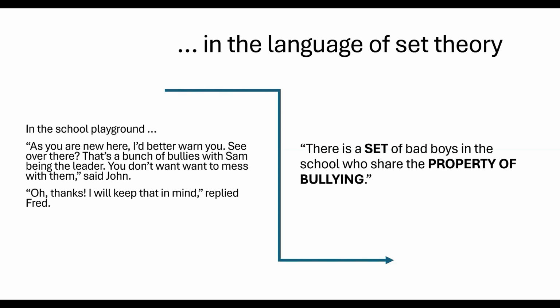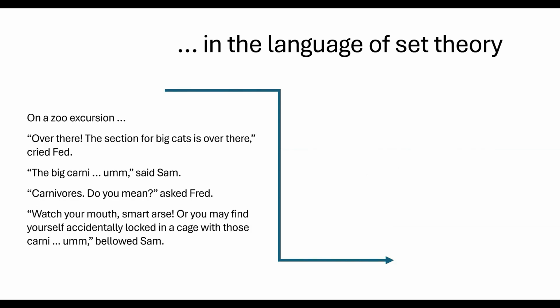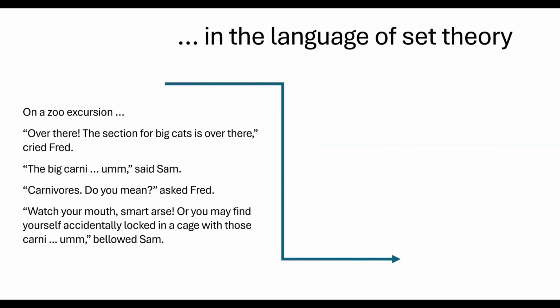All right, now let's try another one. This scenario is on a school excursion, and you have Fred and Sam. I'll give you a moment to read over the dialogue and see what you can work out. Start thinking about the idea of a set here.